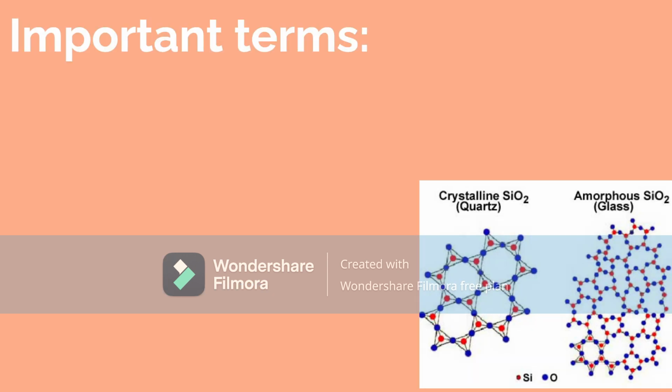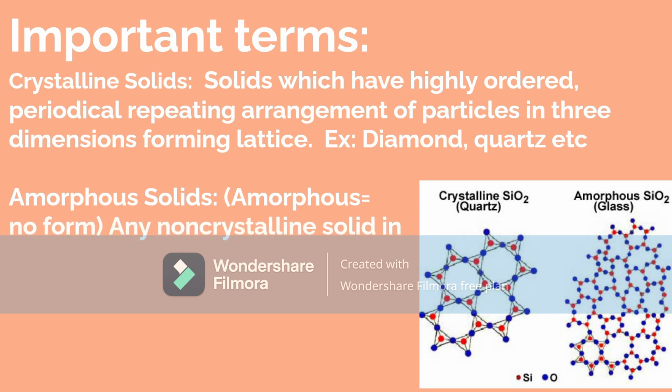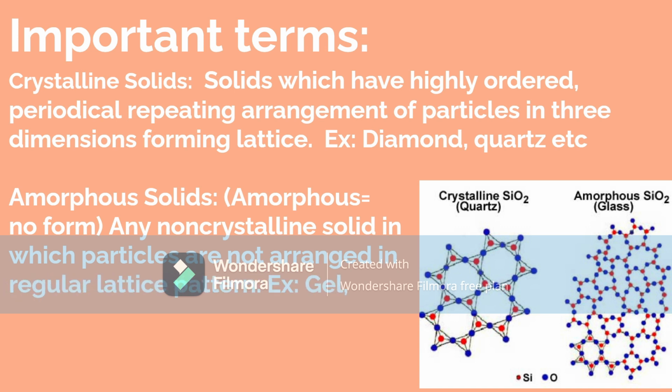Now, to understand solids, we have to discuss some of the important terms. Solids are basically divided into two types: crystalline solids and amorphous solids.